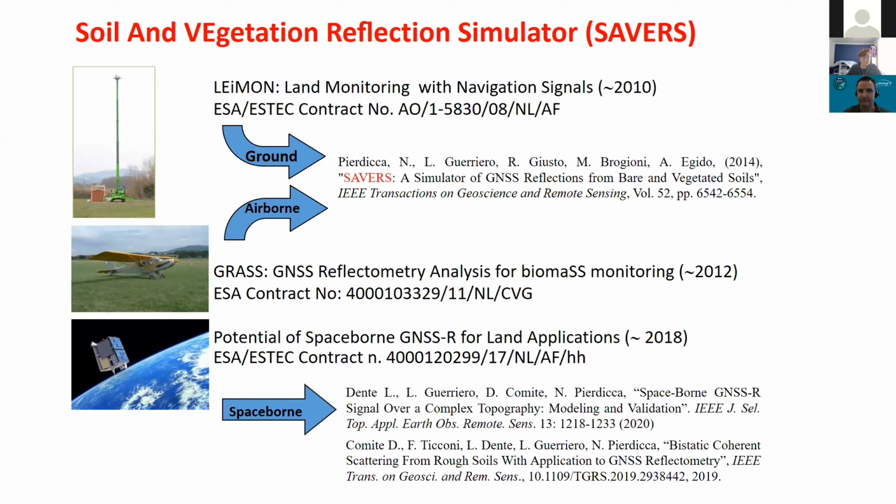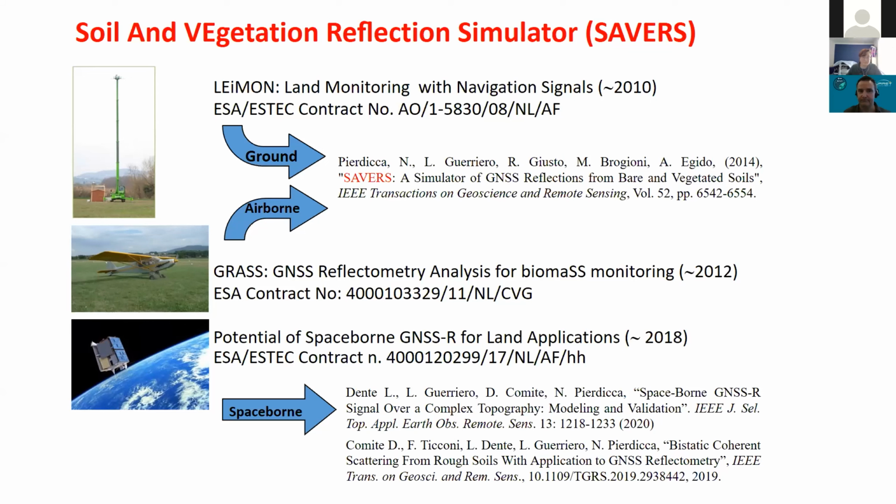So the first project was Lemon, that included a ground-based campaign over crops in Tuscany. Then GRASS, that acquired measurements from a light airplane over crops and forest, again in Tuscany.